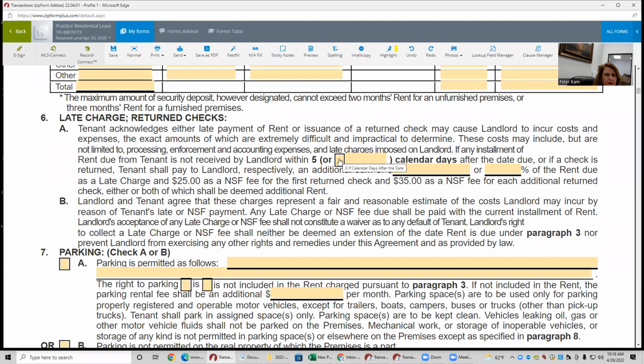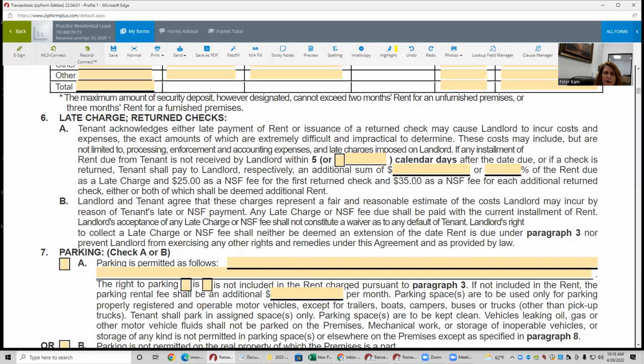So here, if they're late 5 days, or you can specify later, tenant shall pay landlord an additional sum of, you can either put a dollar amount or a percent of what you're going to owe for that late fee amount. And then NSF for the return check, if they have an NSF bounce check, it's going to be $35, 25 for the first one and 35 for each additional.